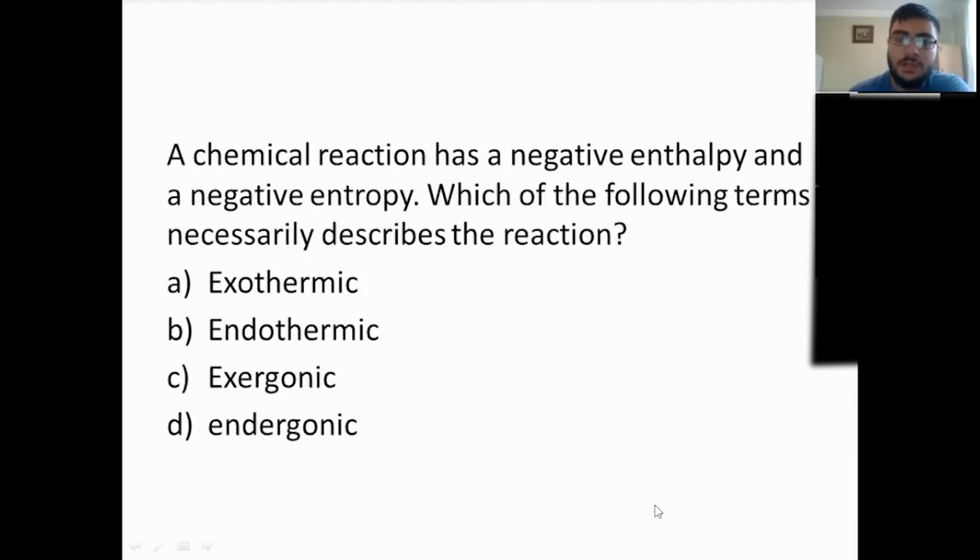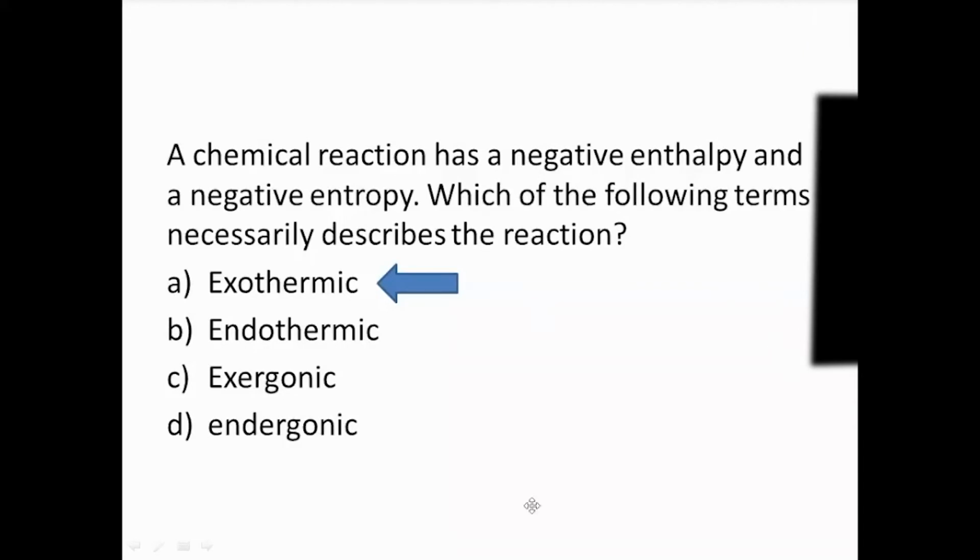Okay. So the most popular answers were B and C. The correct answer is actually A, not B or C. So if we look at the question, we know that it has a negative enthalpy.